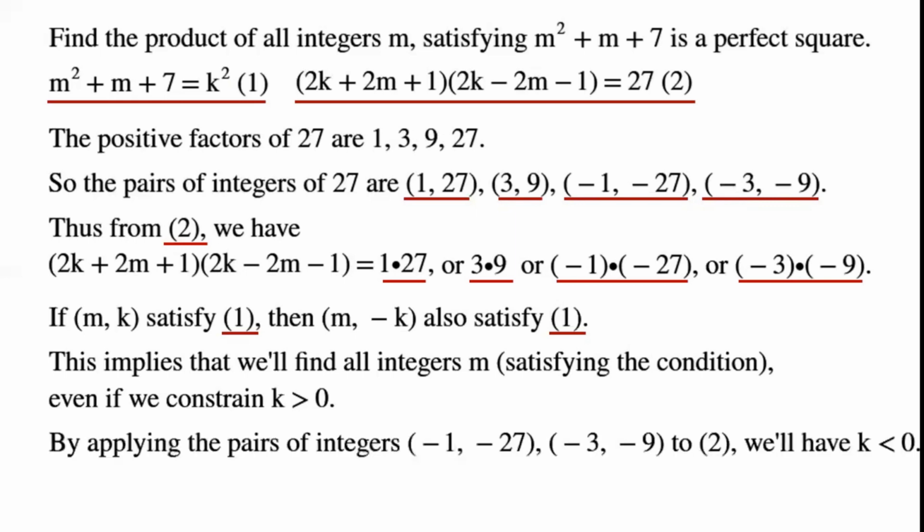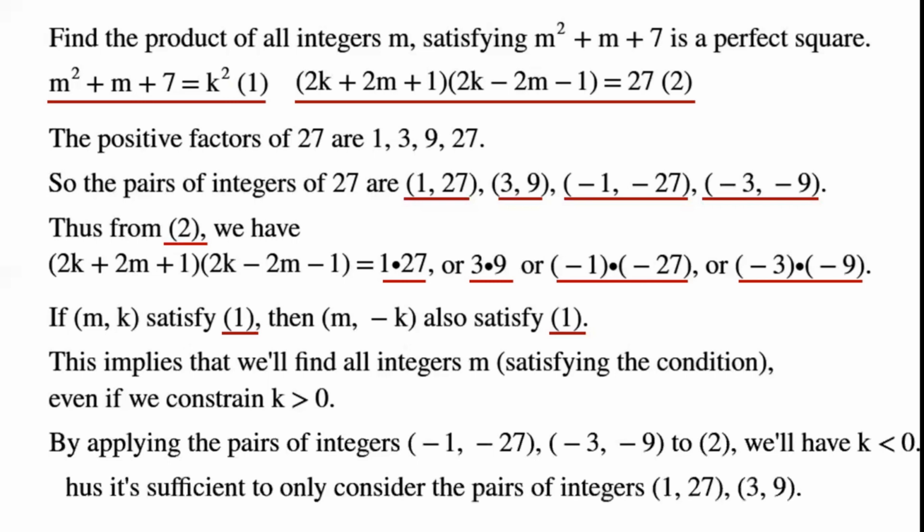By applying the pairs of integers minus 1, minus 27, minus 3, minus 9 to equation 2, we will have k less than 0. Thus, it is sufficient to only consider the pairs 1, 27, and 3, 9.